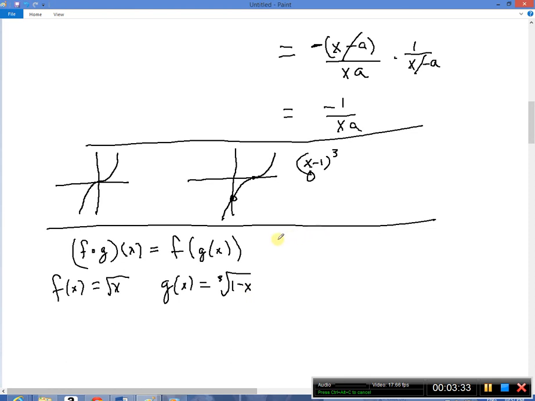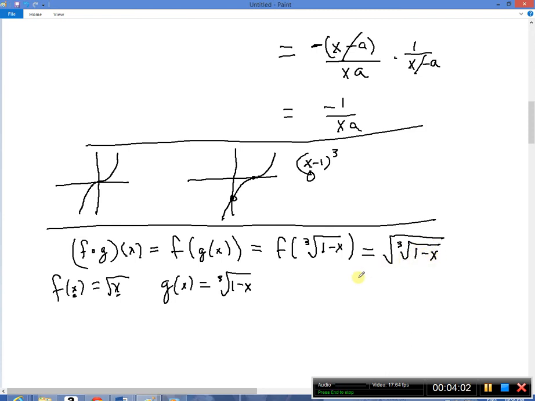So if you take f of g of x, that means take f of the cube root of 1 minus x. And then you have to ask yourself, what does f do to anything? And the answer is f takes the square root of whatever you plug in. Here I'm plugging in this mess, so f is going to take the square root of that mess. So you get the square root of the cube root of 1 minus x.